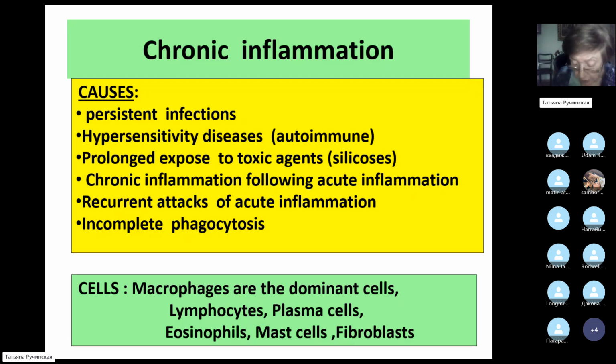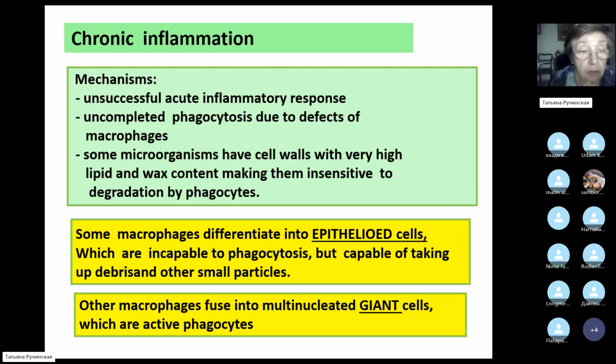And incomplete phagocytosis, as I told you. This is the mechanism of chronic inflammation. I told you, an unsuccessful acute inflammation response means the cytokines interleukin-4 and interleukin-10 do not appear, but pro-inflammatory cytokines appear, which lead to the acute phase response.